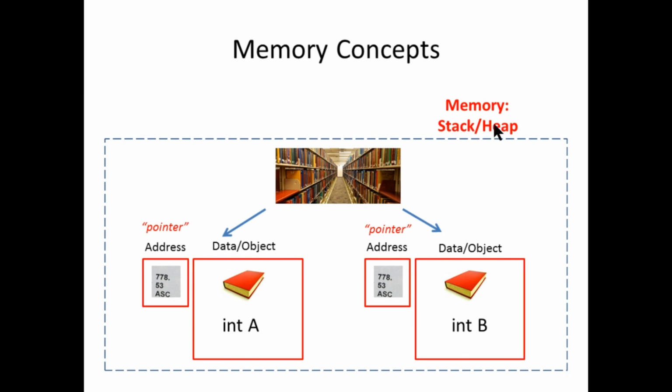And outside of the stacks and heaps in your memory, you've got memory that's used for storing data, but it's all basically addresses with data inside those addresses. So those are some of the very basic and very, very important concepts surrounding C# object-oriented programming.